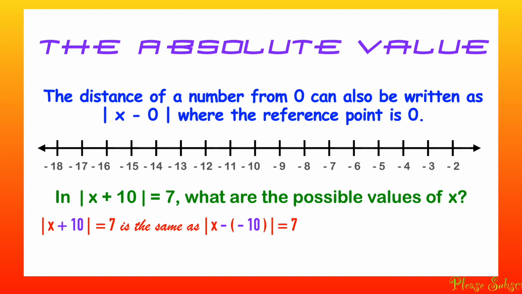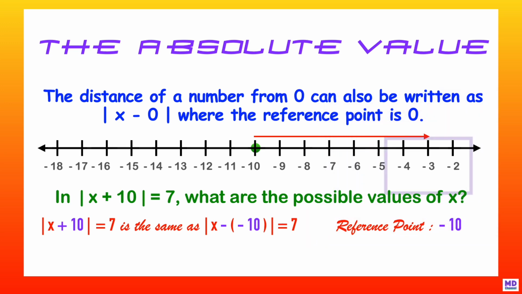So the reference point here is negative 10. Locate negative 10 on the number line. Then move 7 units going to both sides. First, going to the right. 1, 2, 3, 4, 5, 6, 7. So it ended on negative 3. So one of the values of x is negative 3.